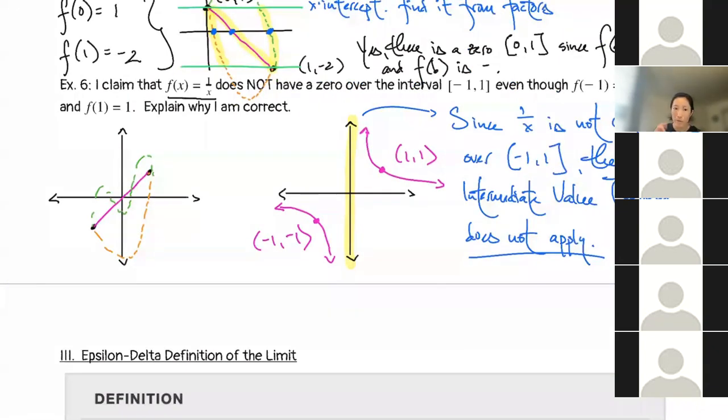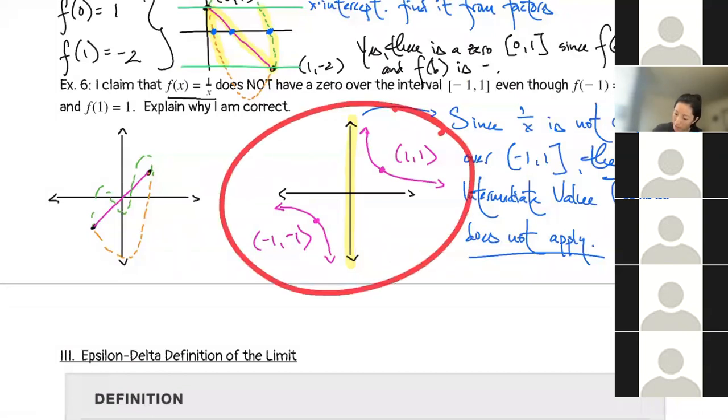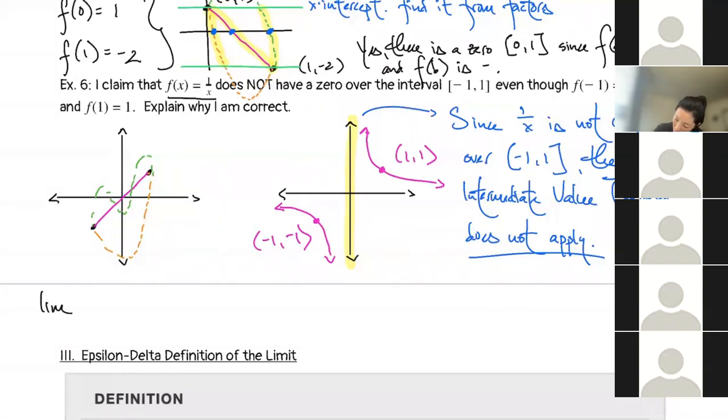Before we move on to this last one, quick question about this particular graph. What is the limit as x approaches 0 with a minus sign of f of x? What is the answer based off of this graph? Negative infinity. Good.